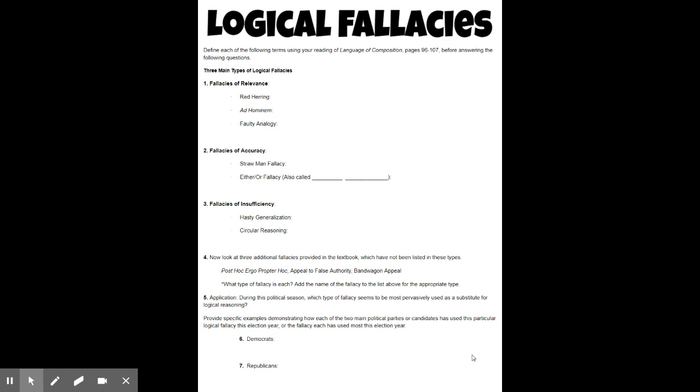I'm sure you could find top hits of Biden ads, top hits of Trump ads, and watch those and then try to figure out which fallacy do I think is appearing most often. I think it's fun to try to identify these out in the world, because then you start to notice them kind of everywhere that you're reading and watching television. So that's kind of the final thing I want you to do today.